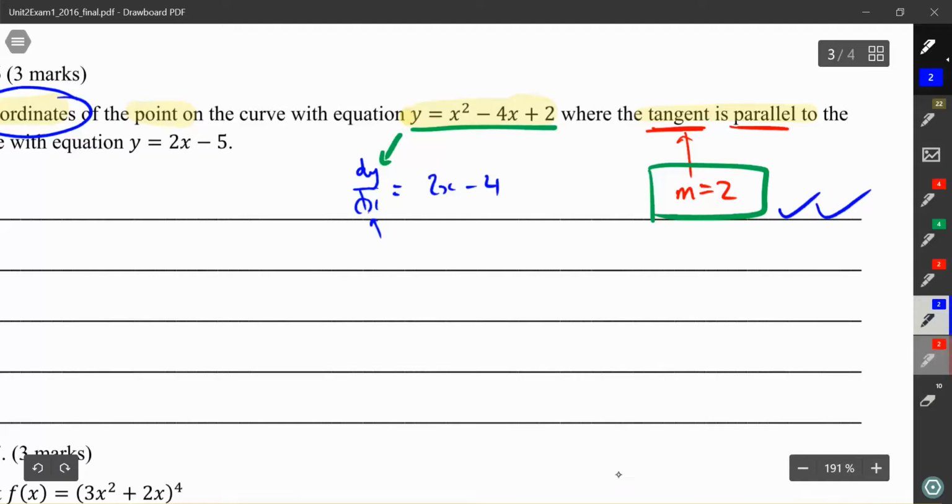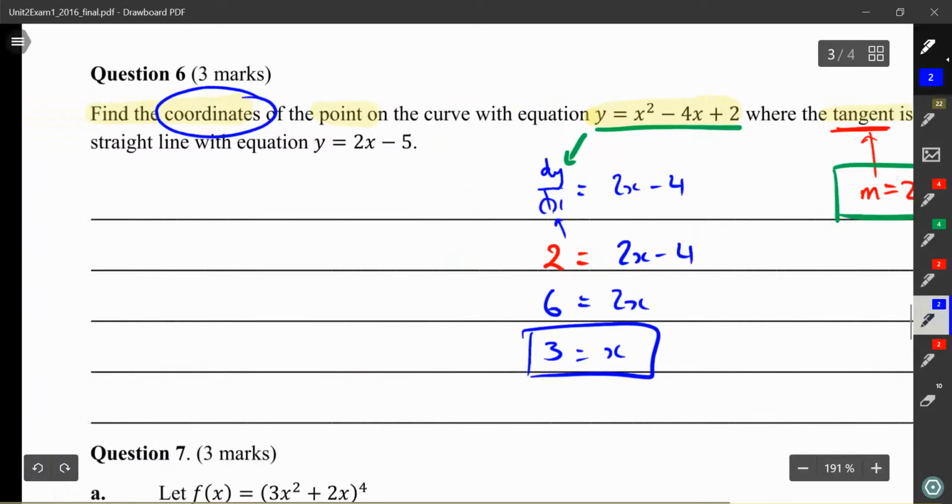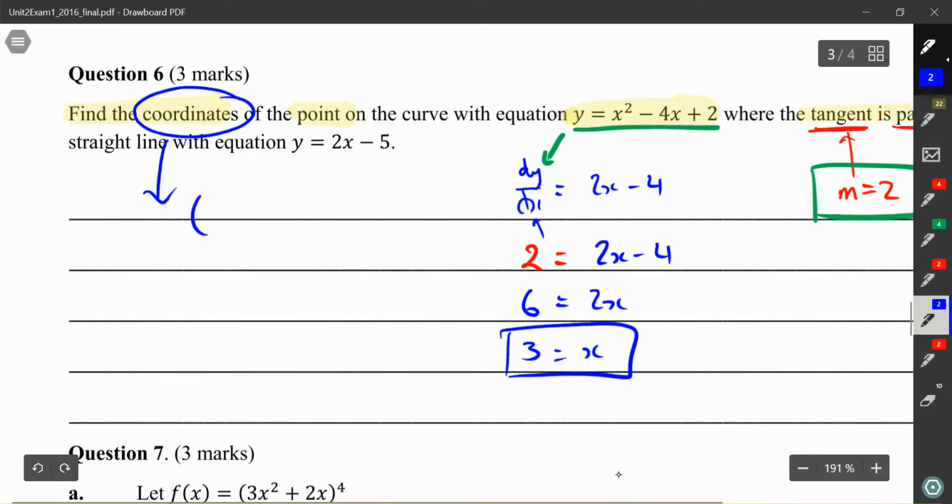So if the gradient's 2, then I can find the x coordinate here. I got 2x minus 4 equals 2, if I add 4 on both sides, they become 6 equals 2x, and therefore x equals 3. So that means in my coordinates, when x is 3, I don't know what y is yet. I just know at x equals 3, I will have a gradient of 2. Now your job is just to find y.